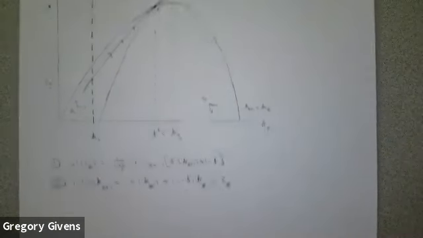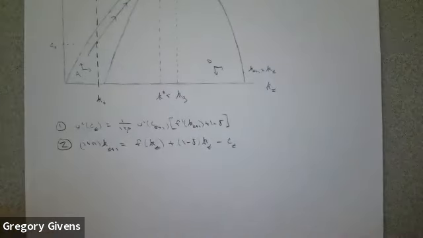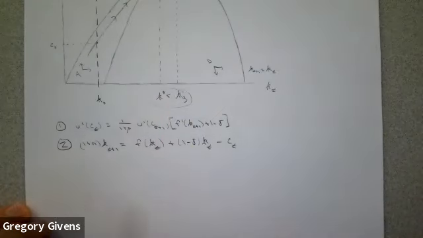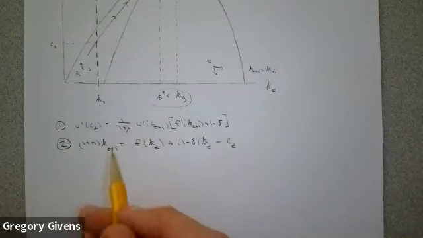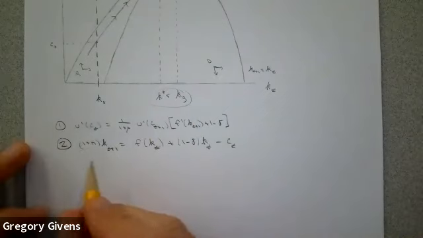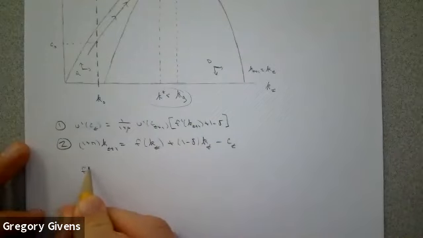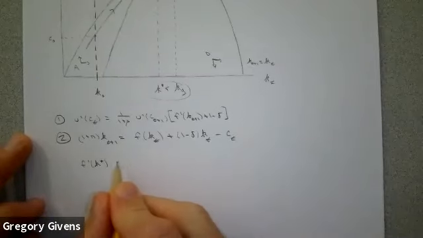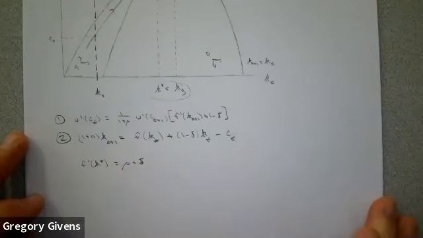Okay, well, let's first do an easy proof that establishes that K star is indeed less than the golden rule. What's the steady state condition for the capital stock? You guys recall? The marginal product of capital in the steady state was equal to the discount rate plus depreciation, right?